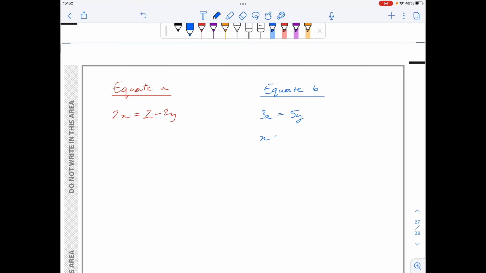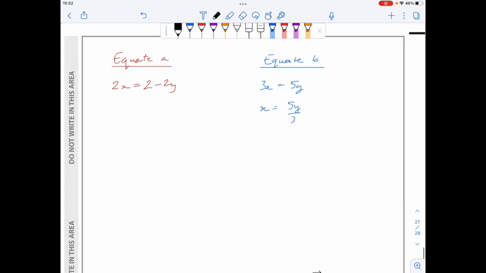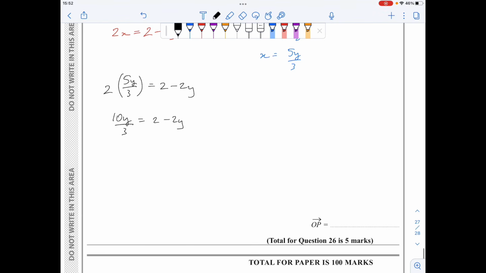So for the blue one, I will get x on its own, and it's 5y over 3. And then I substitute this into the red one. This will give me 2 times 5y over 3 is equal to 2 minus 2y. 10y over 3 is equal to 2 minus 2y. Multiply both sides by 3. 10y equals 6 minus 6y.